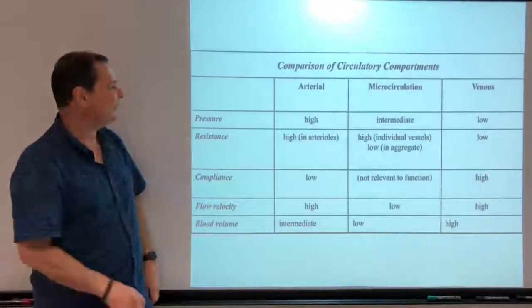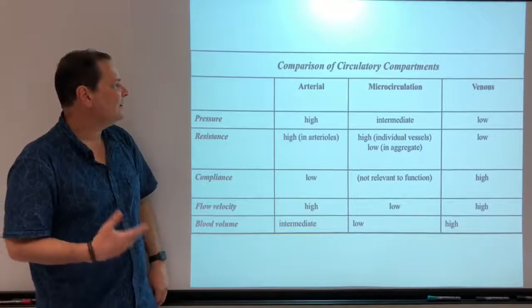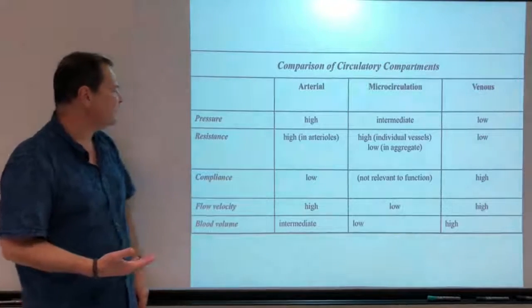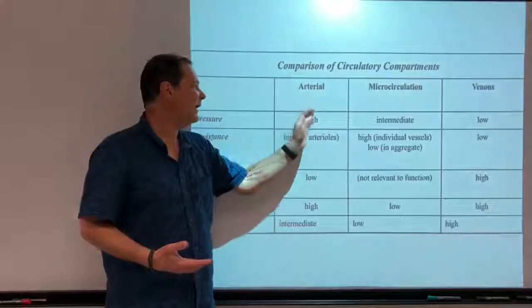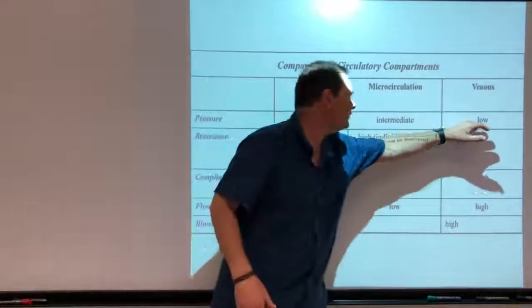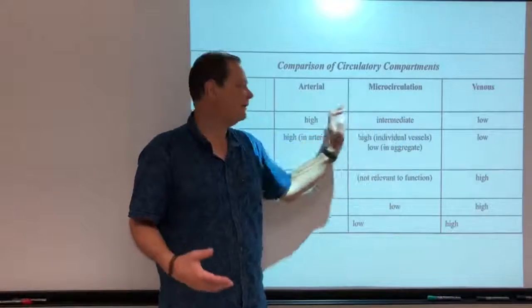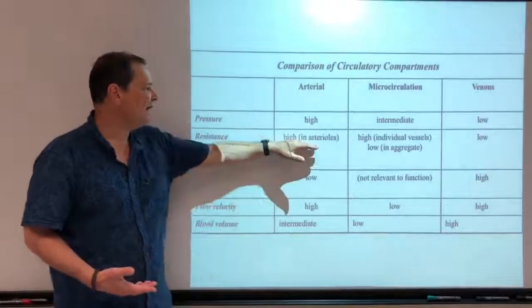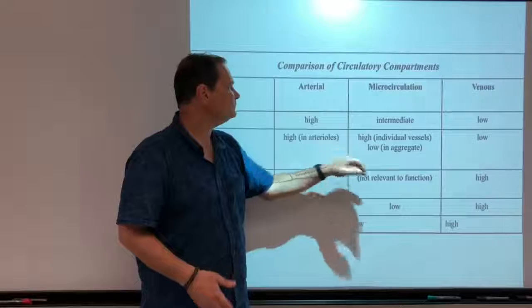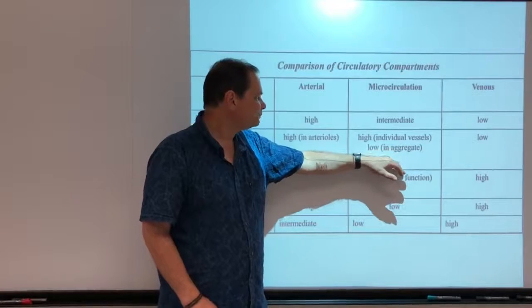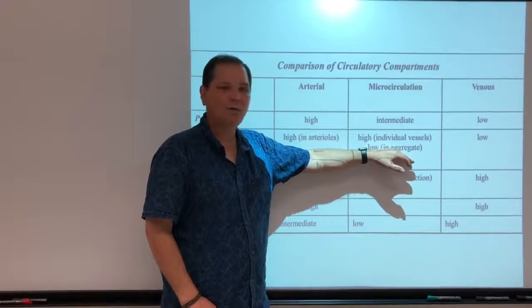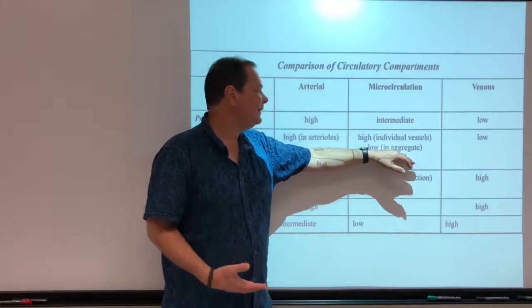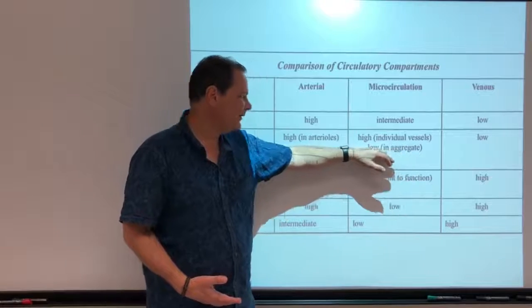Here's a summary of our circulatory compartments. The arterial pressure is relatively high, the venous pressure relatively low, and the microcirculation in between the two is relatively intermediate. The resistance is high in the arterioles, relatively low in aggregate in the capillaries.